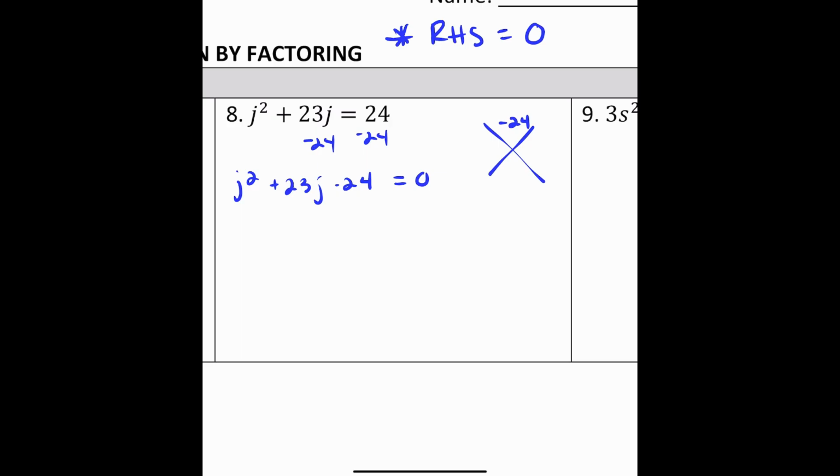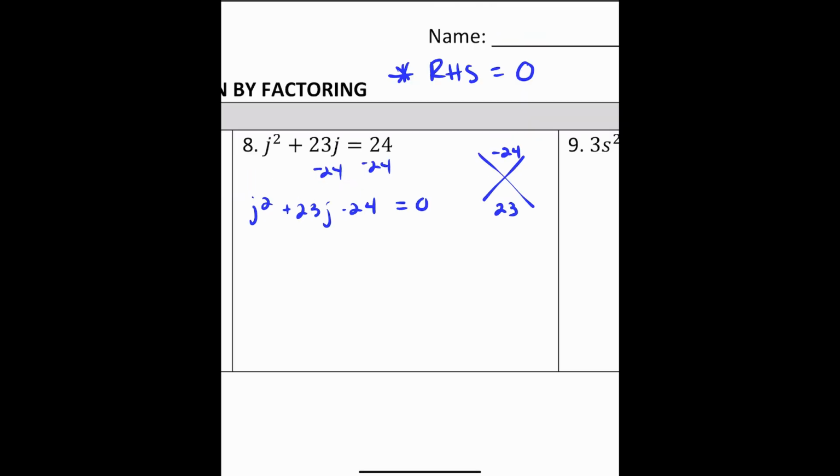And using those same numbers to add to figure out your 23. Okay? So the two numbers that I'm thinking are 24 and negative 1. Because 24 times negative 1 is negative 24. And if you add these two numbers, 24 plus negative 1 is going to give you positive 23.